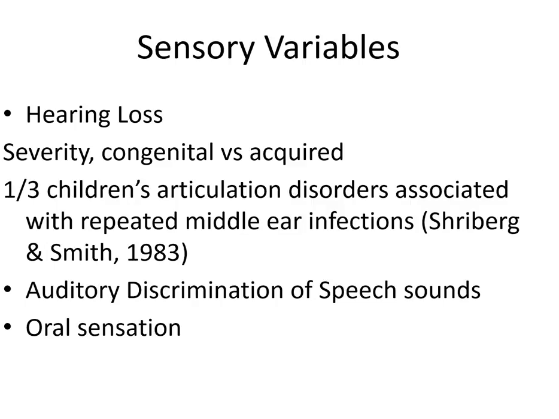And again, the evidence is kind of messy in research. It does seem that some children who have articulation issues also have issues with oral sensation in terms of discrimination.